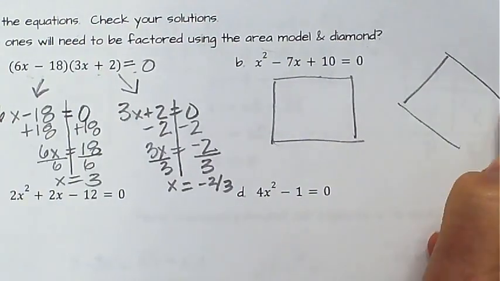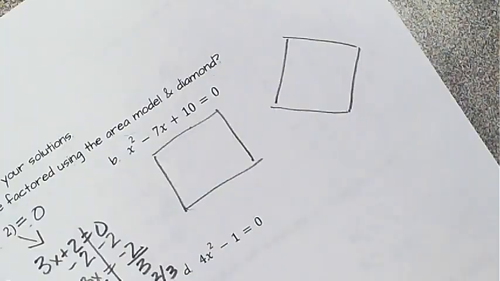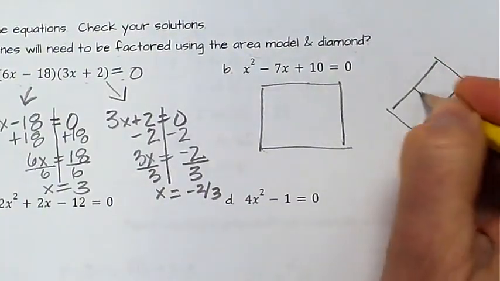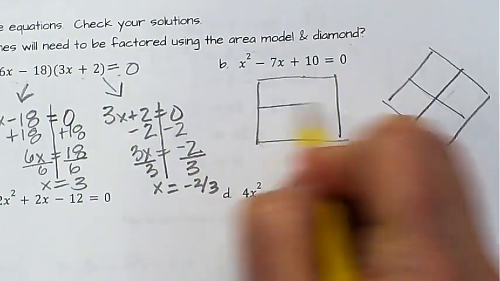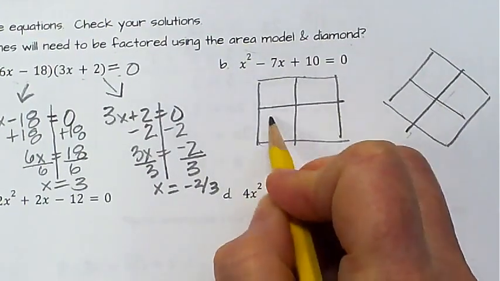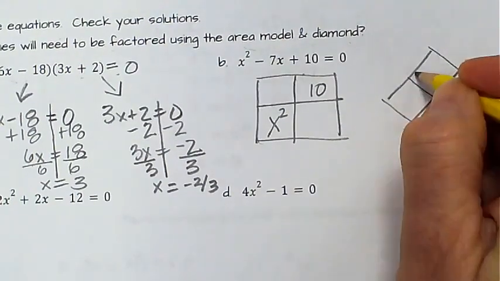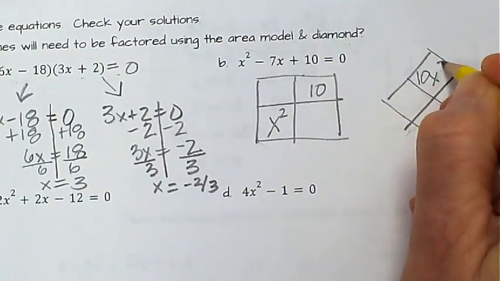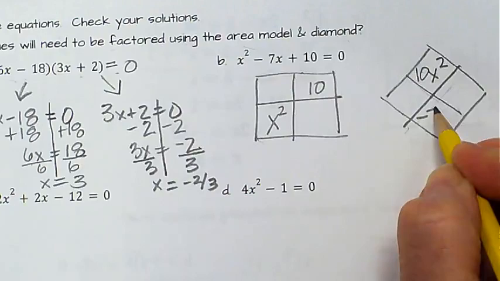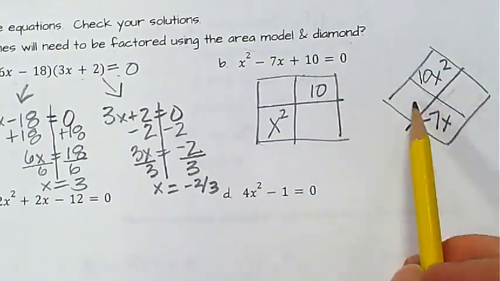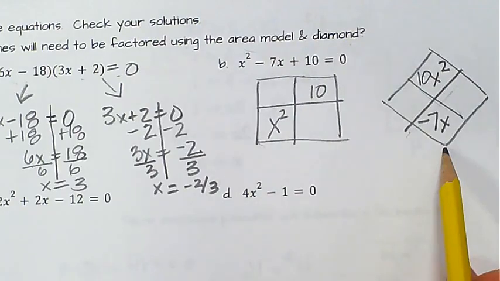A diamond is just a square turned sideways, so sometimes students have trouble, or you could just draw an X. Okay, here's your area model. So x squared and 10 in opposite corners, 10x squared in the top of my diamond, negative 7x on the bottom. So I'm looking for factors of 10 that add to negative 7.